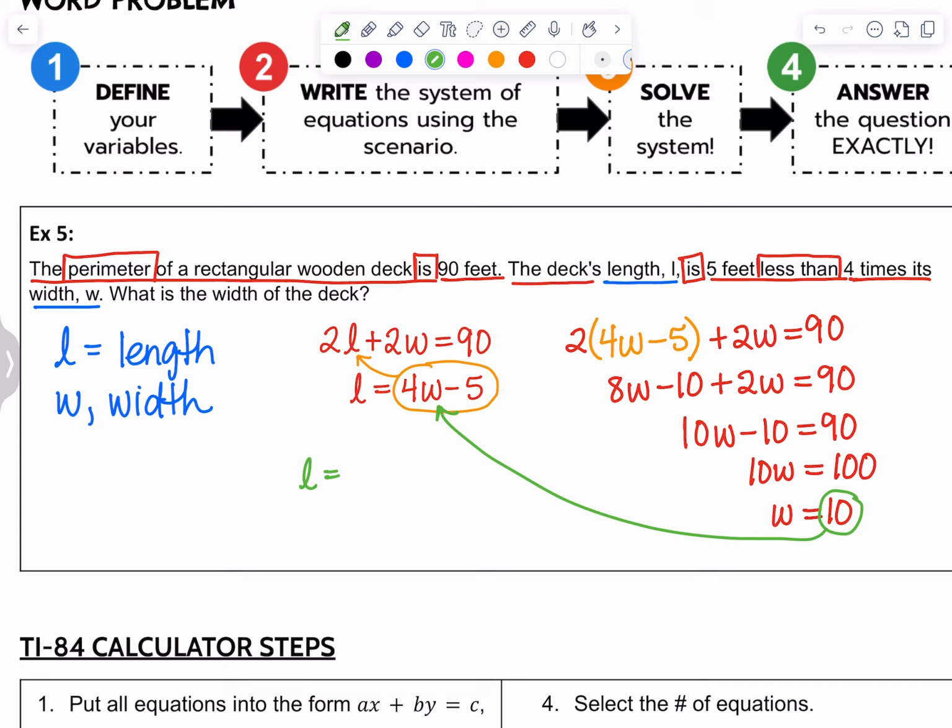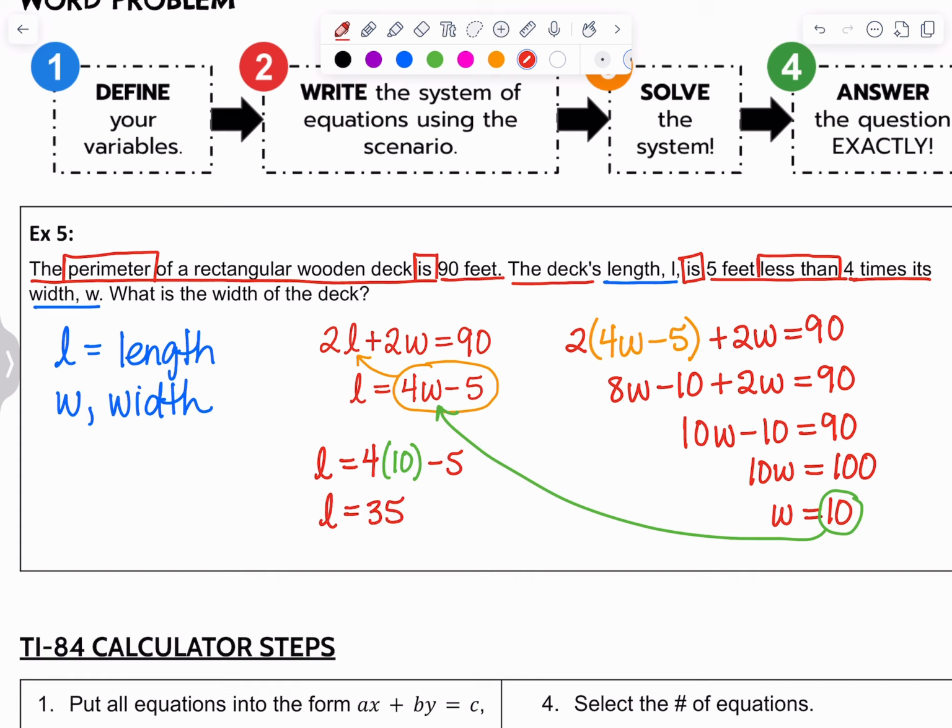And L is equal to 4 times 10 minus 5. So that means L will be equal to 35.